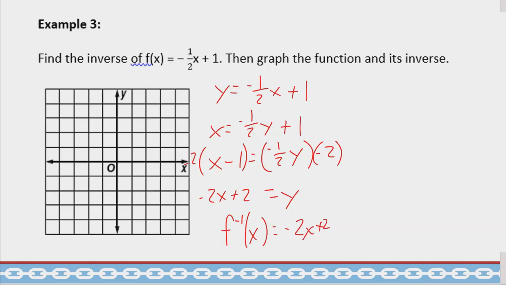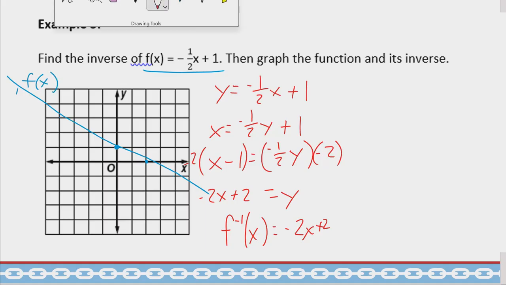So my graphs then, I am going to graph my original function, f of x equals negative 1/2 x plus 1. So I would start here at the y-intercept, I have a slope of negative 1/2. So it's going to come through here. So there's my f of x.